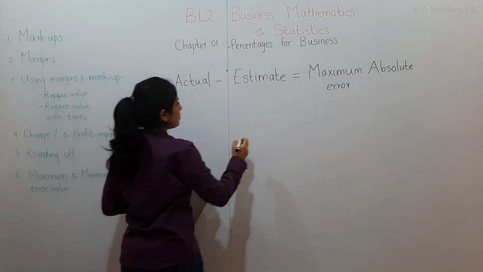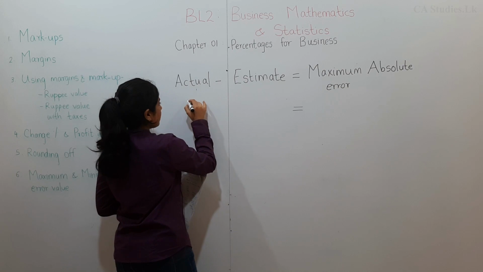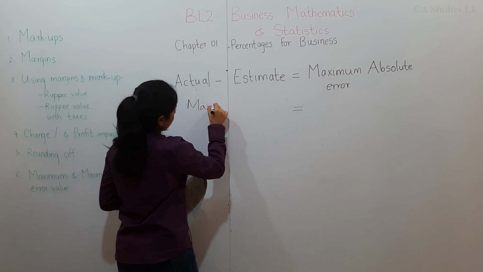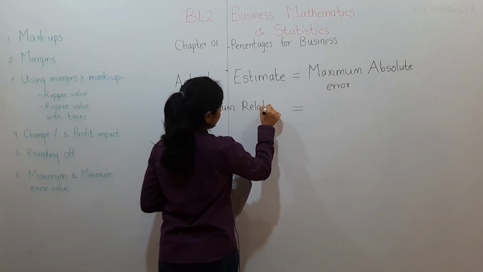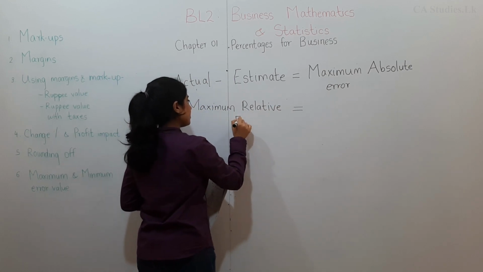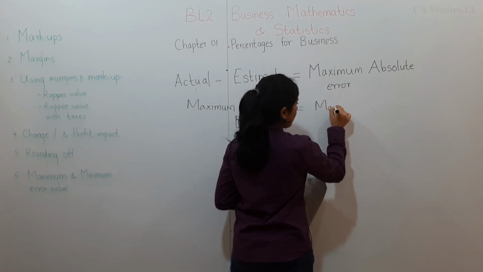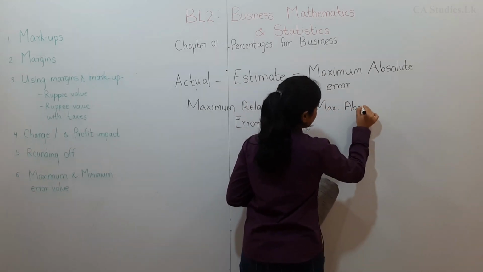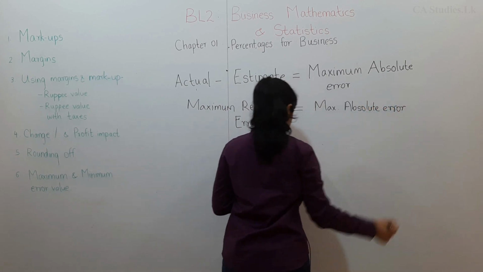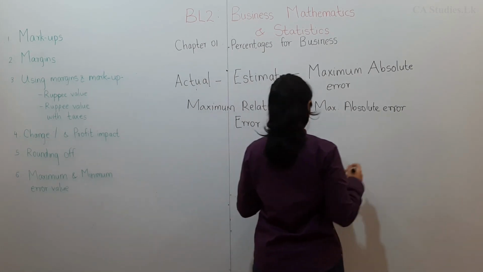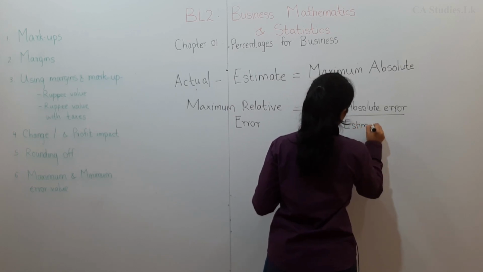The percentage of the maximum error is called the maximum relative error, and that is the maximum absolute error divided by the estimate, into 100.